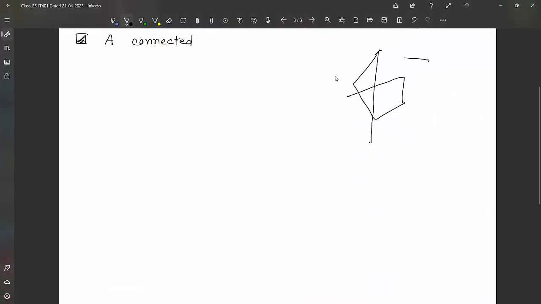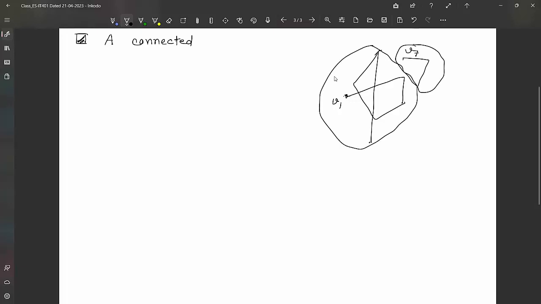But if we take another part here, then this graph is not connected, because if this is vertex V1 and this is V7, and you want to go from V1 to V7, it is impossible, because there is no edge which connects this portion and this portion.